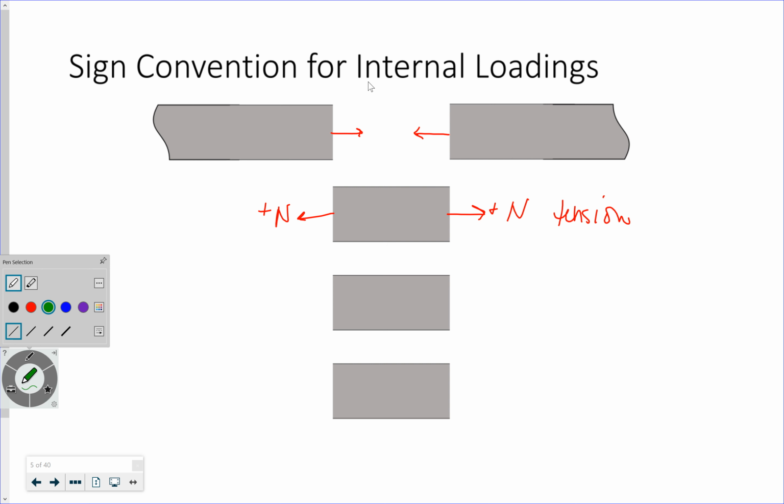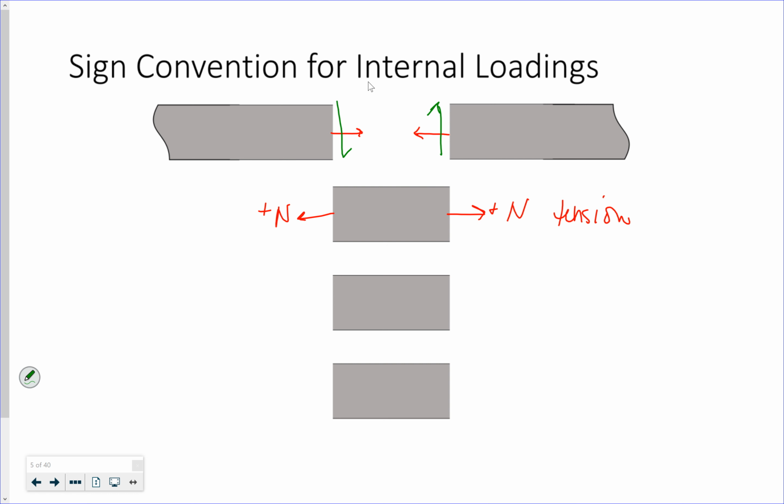If I look at my shear force, it's going to go down on that left side and up on the right side. And notice I do a half arrow because that's just the nomenclature, how you draw it, indicating it's acting on that surface.